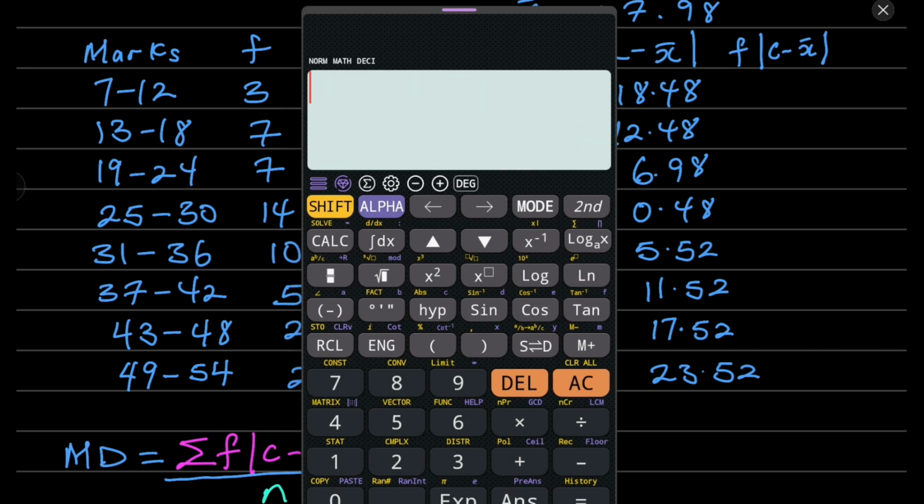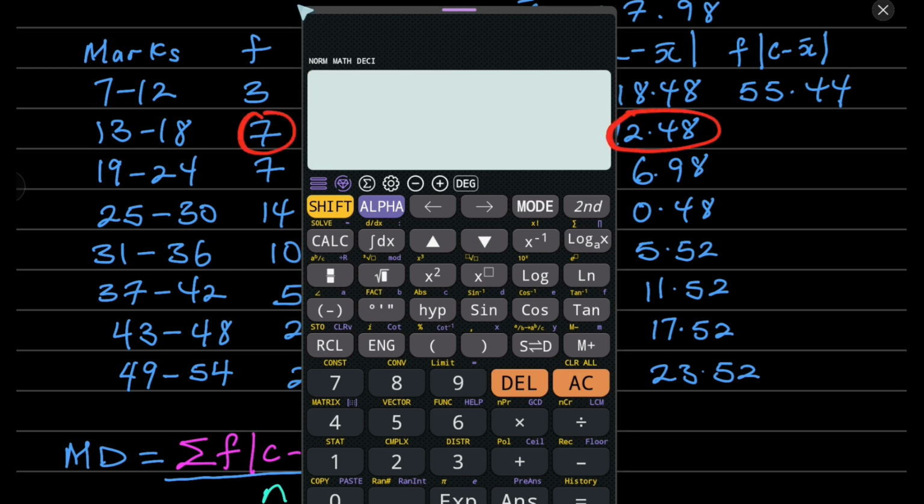The first one would be 3 times 18.48, which is 55.44.